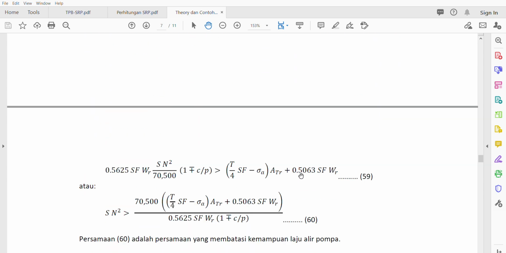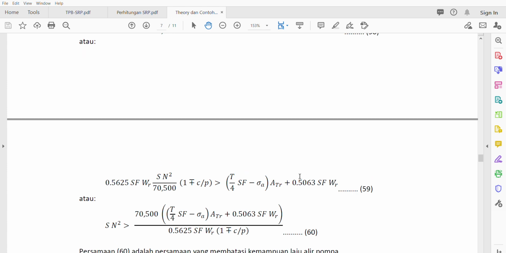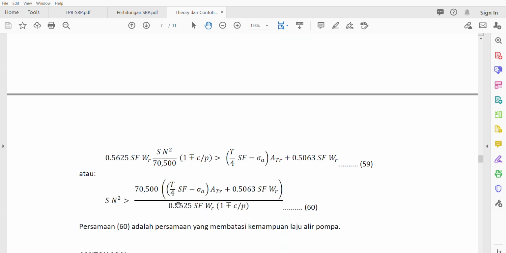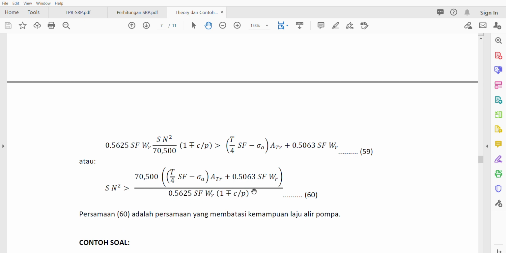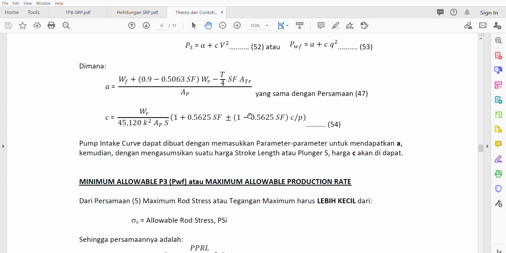After we rearrange again, we finally have an Sn equation. So Sn has to be larger than this number. You have to calculate this number and compare it with the Sn that you have.